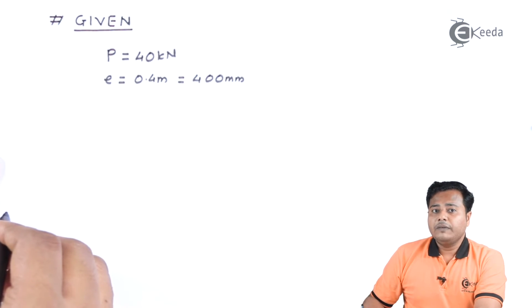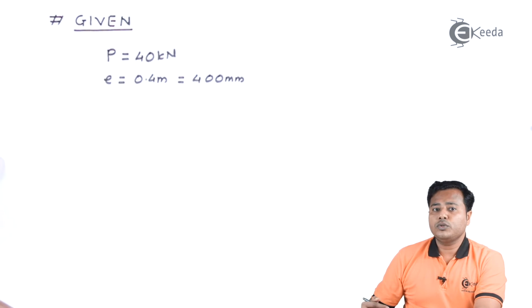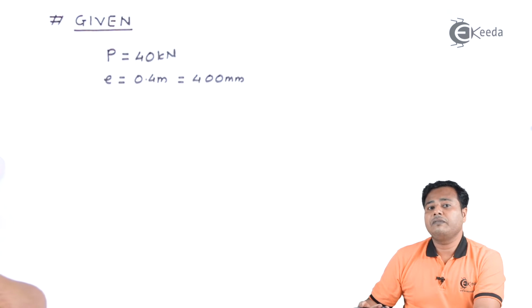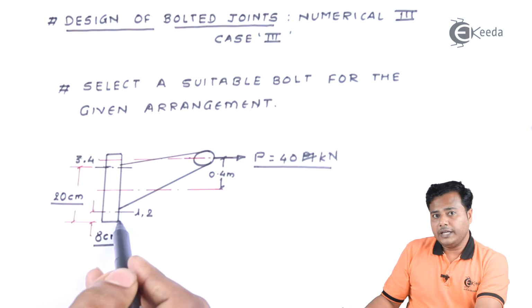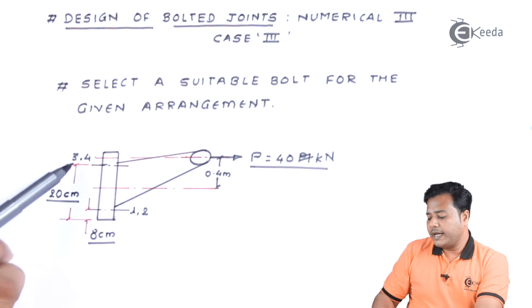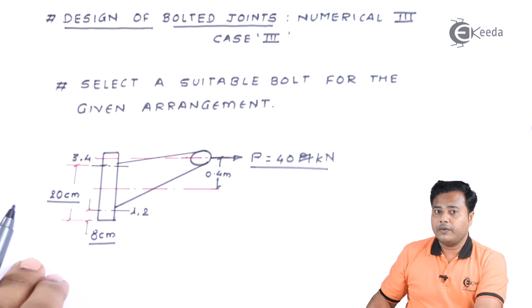Now we know that when the locations of bolts are given, the bottommost bolts and the topmost bolts are expressed in terms of lengths. So we can identify this particular distance as length 1, length 2, and this particular distance as length 3 and length 4, which are equal.